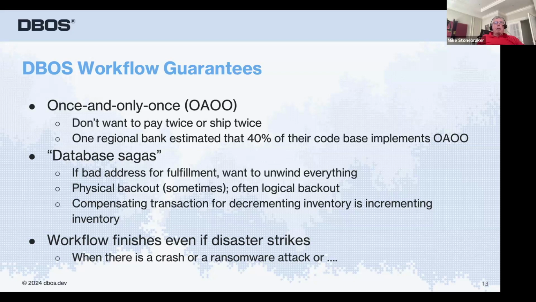Second thing we guarantee is what the database community calls sagas. Now, this is an old concept, originally proposed by Hector Garcia-Molina, I believe in the 80s. So what you want to do is you have a collection of transactions, and if there's a bad address at the end, you typically want to unwind everything.